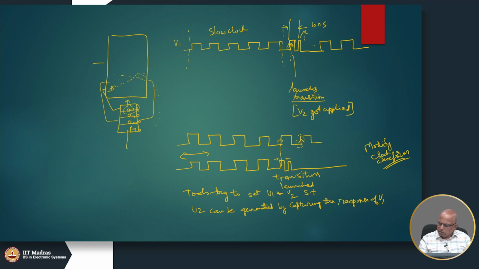In other words, V2 is nothing but the response of V1. Can we always create such a V2? May or may not be possible.